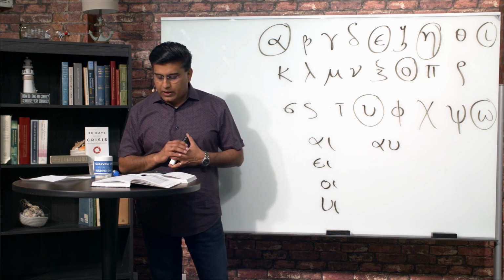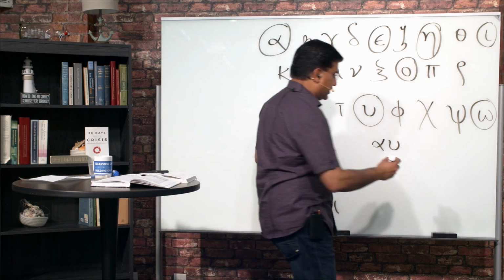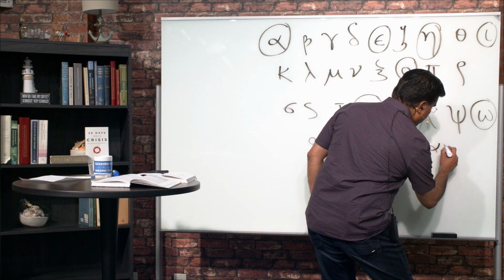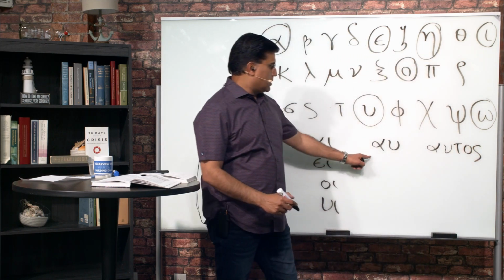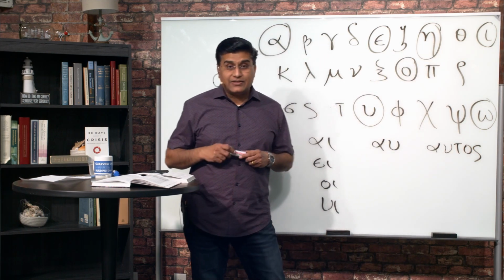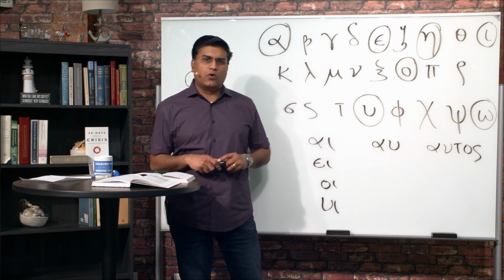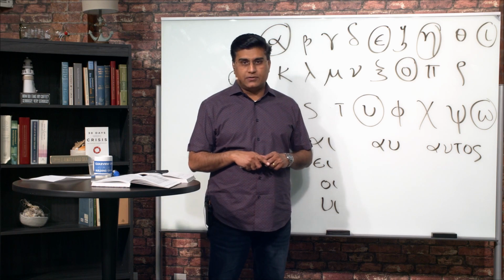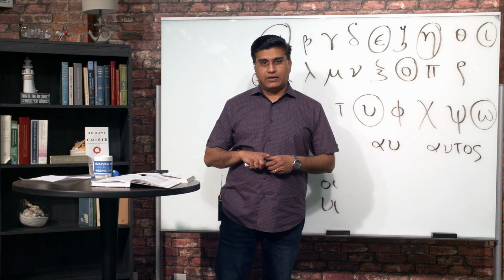So if the word is what we say outhouse, autos, au would be the classical Erasmian pronunciation. What would be the Koine modern? Aftos. So that is pronounced as af.